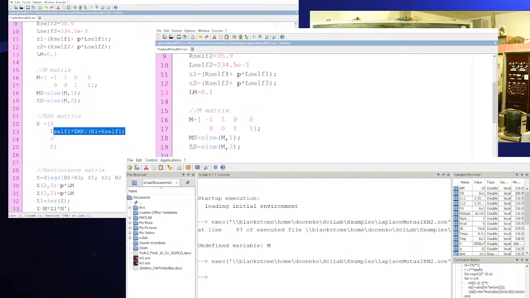So, you see, I put in the second branch an EMF representing the energy of the magnetic field of the coil.